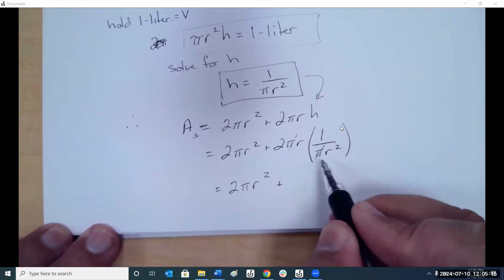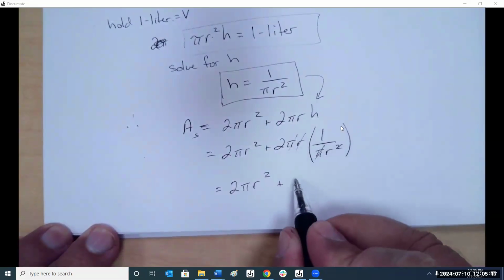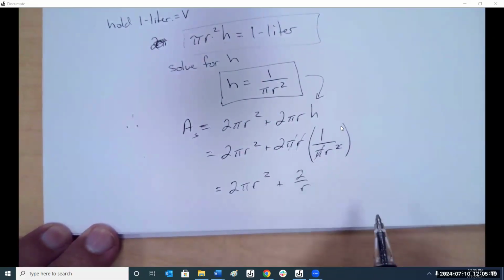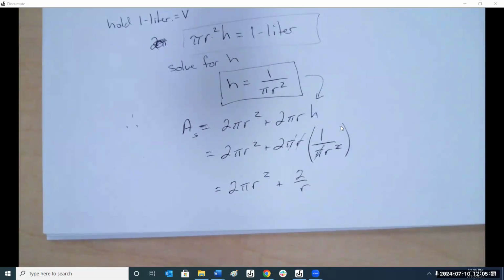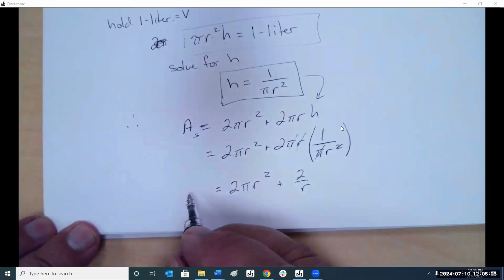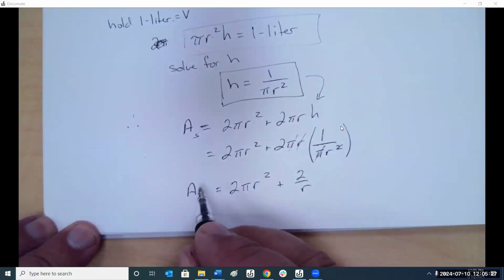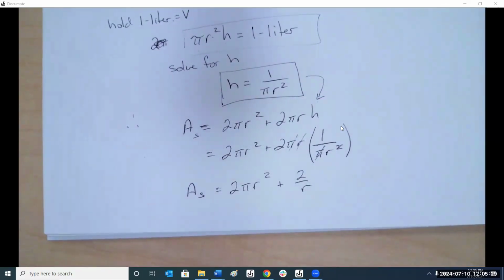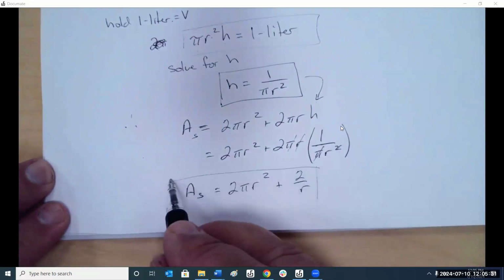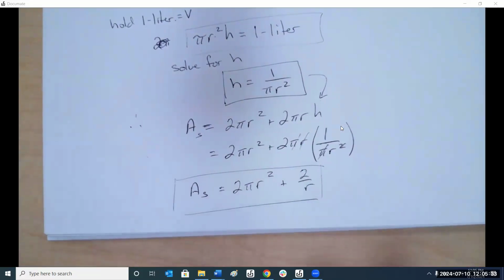So our surface area is equal to 2 pi r squared plus 2 pi r h, and h goes in there, one over pi r squared. So the pi's cancel and one of the r's cancels. So we have 2 over r. This is our surface area. So you see, once we drew the picture, now we have to start building our equation.